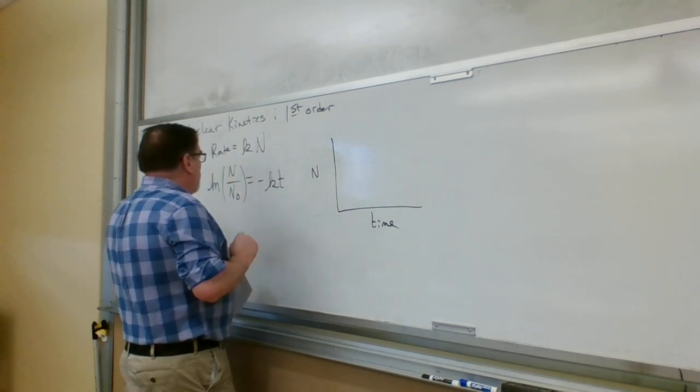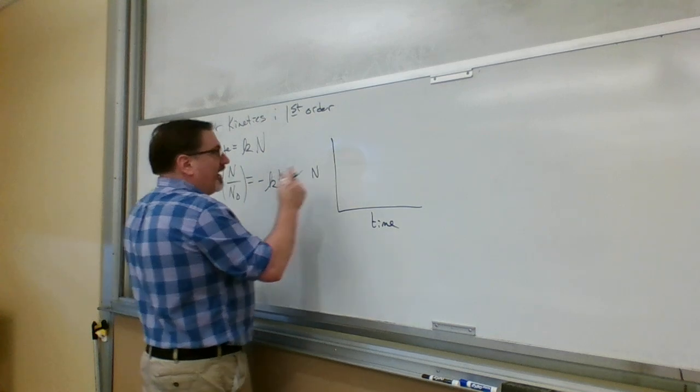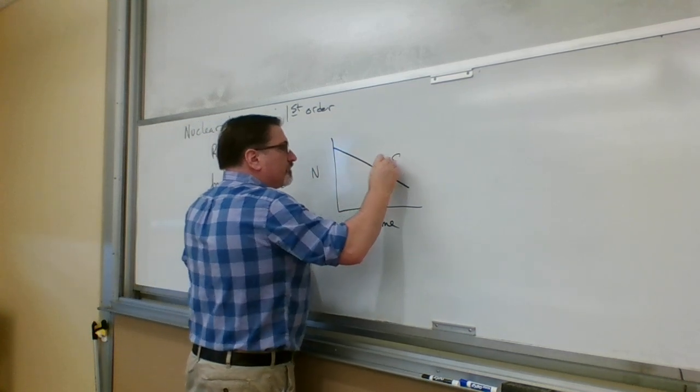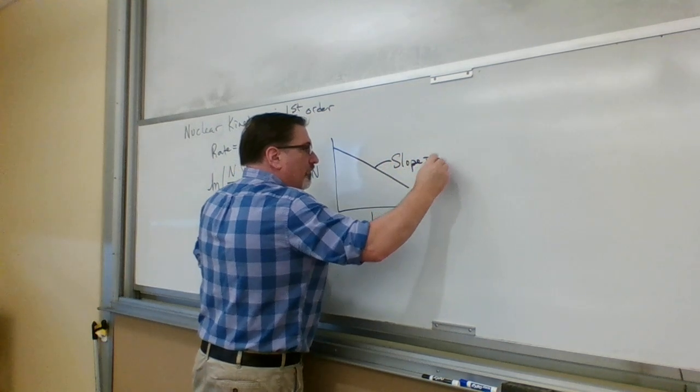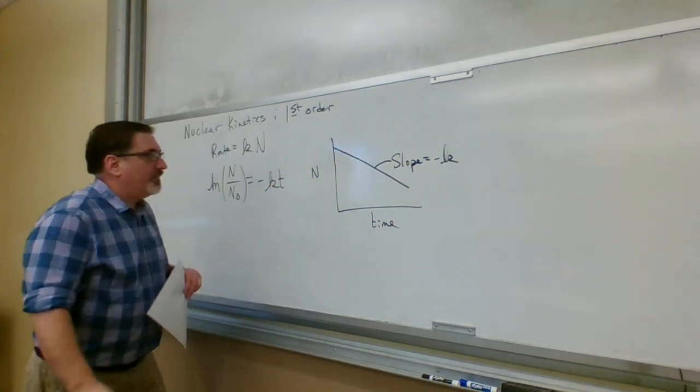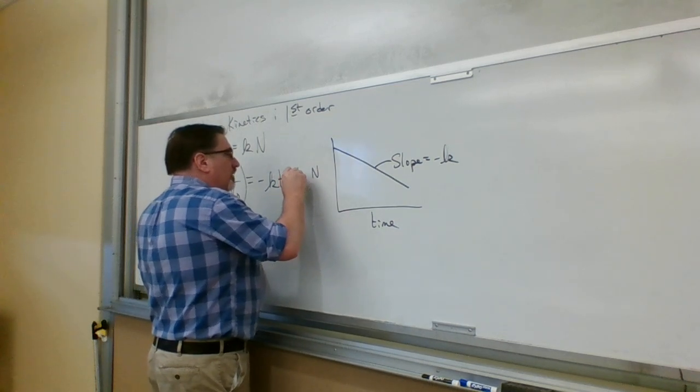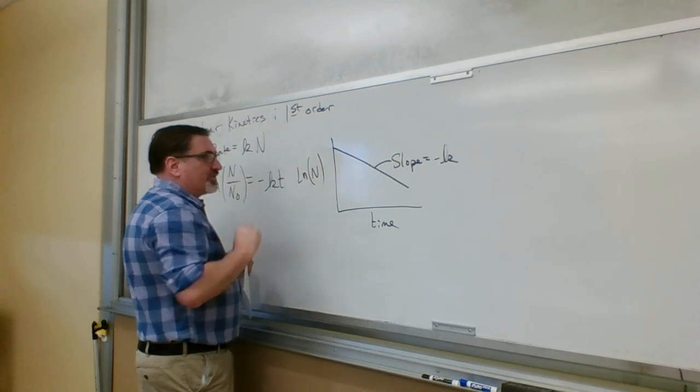So remember, for this one, first order, we had a plot that looked like this. Linear plot. Slope equals minus k. And for this one, it was the natural log of N versus time.